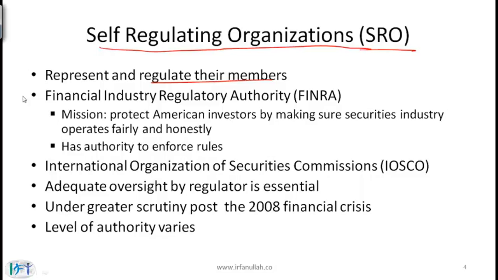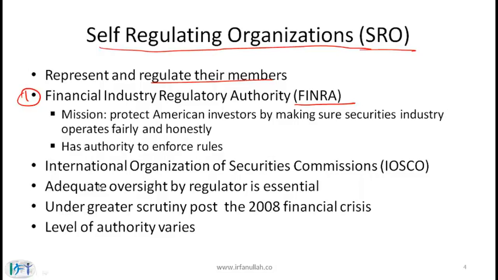In the US, a major example is the Financial Industry Regulatory Authority, or FINRA. The mission of this entity is to protect American investors by making sure that the securities industry operates fairly and honestly. Now, this particular entity has the authority to enforce rules.